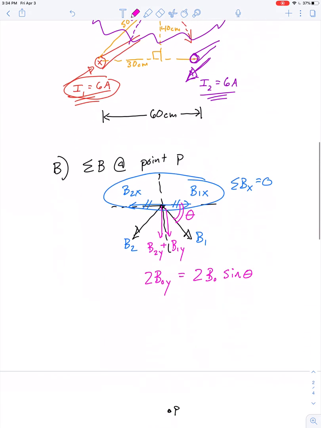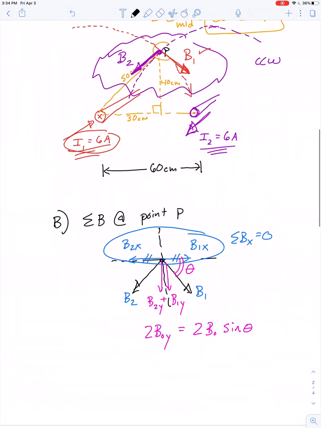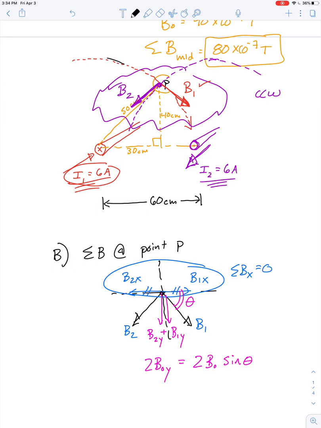Maybe it's best if we draw this again. So let's focus on the magnetic field that surrounds wire number 1 and pay attention to this right triangle here. Oh, by the way, if 50 centimeters is the radius of this circle, then the distance from here over to here is also 50 centimeters, right?